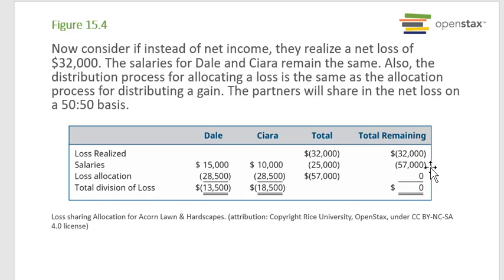How do they split that? They take $28,500 from Dale and $28,500 from Sierra. If you add the salaries as pluses and the losses as minuses, Dale would end up with a $13,500 loss, and Sierra would end up with an $18,500 loss.